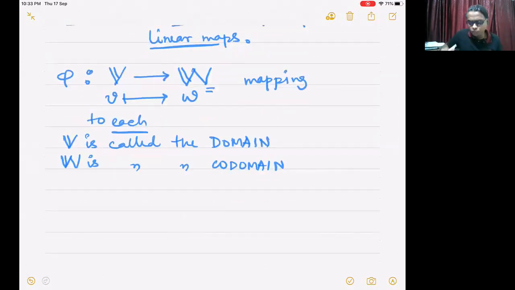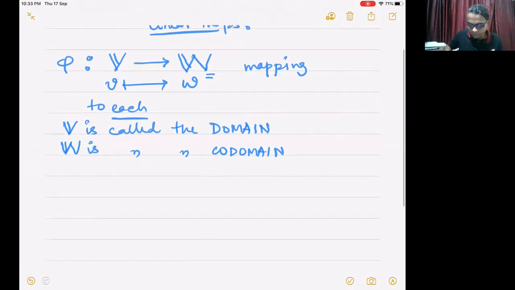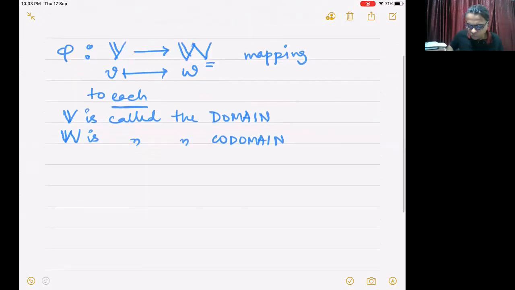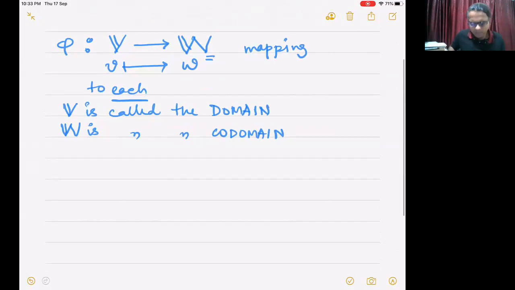Before we move on to any example, it is worthwhile to define what linear maps are. Linear maps are special kinds of such mappings, something I'm recalling from before. We have already seen this.